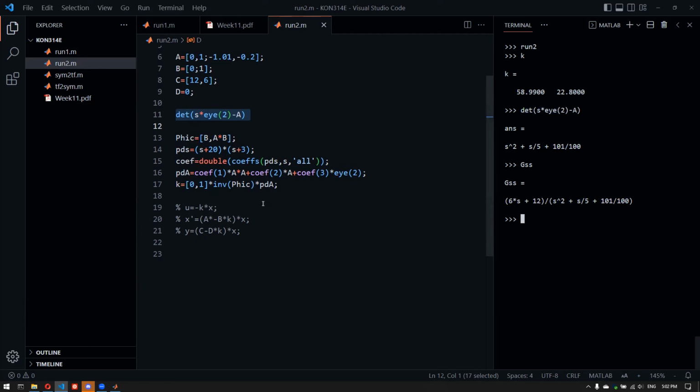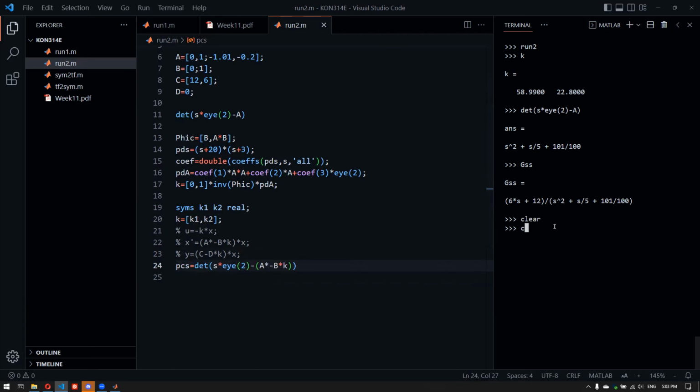So if you calculate this, you can just get a polynomial here. Now I'm going to do something else before I go on. I'm going to define two parameters which are going to be real parameters. And I know that the closed loop system looks like this, A minus BK. If I look at the determinant of sI minus A plus BK, then I should get the closed loop characteristic polynomial.